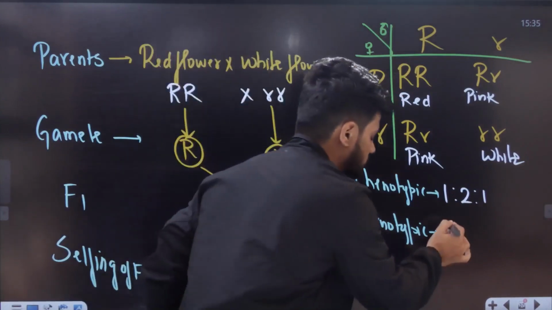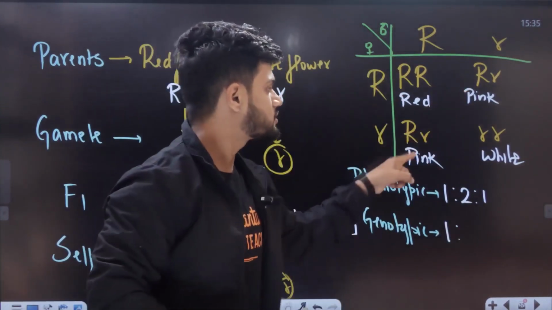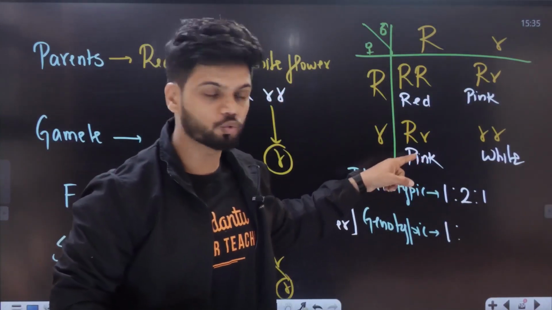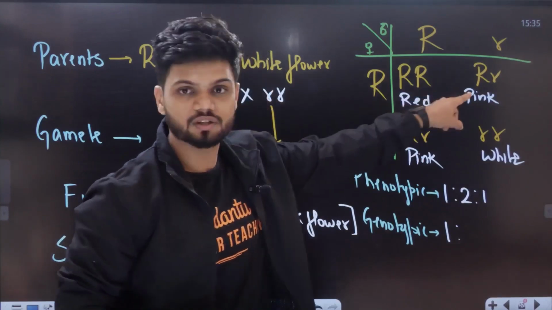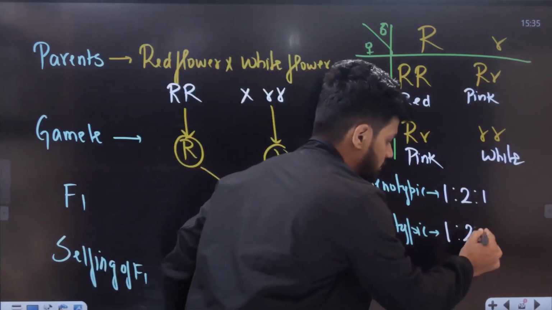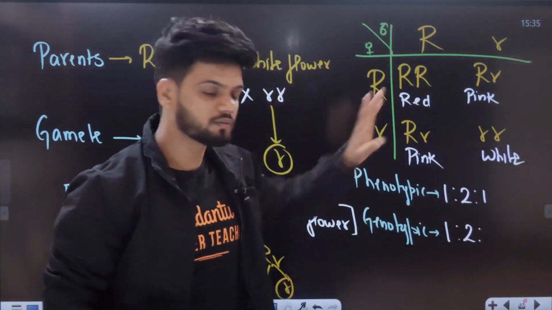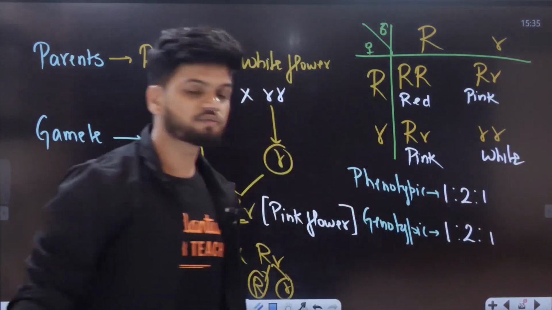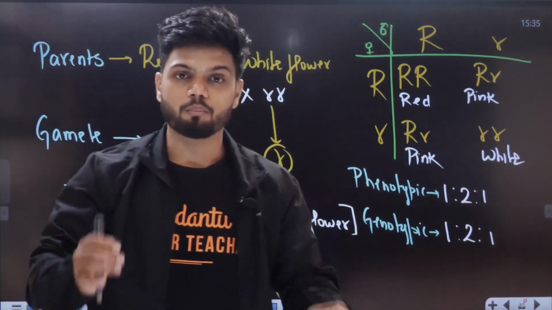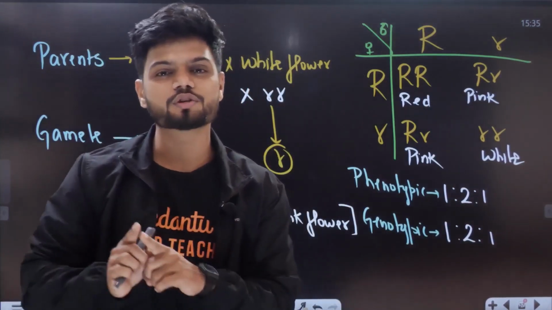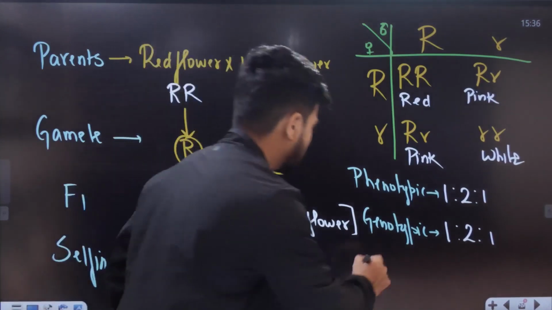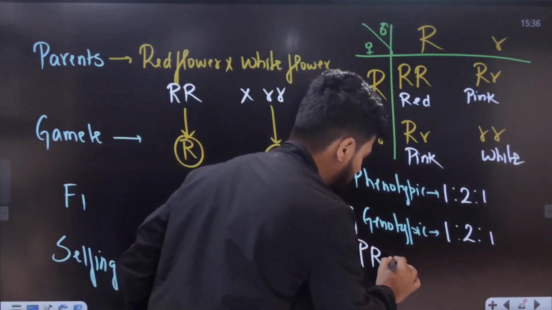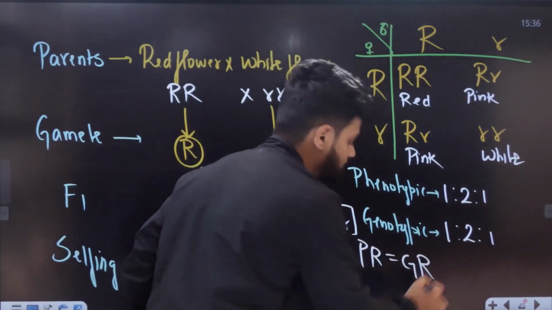Homozygous dominant, one. Heterozygous condition, two. Homozygous recessive, one. So the phenotypic ratio and genotypic ratio are both 1:2:1. Here the phenotypic ratio is equal to the genotypic ratio.